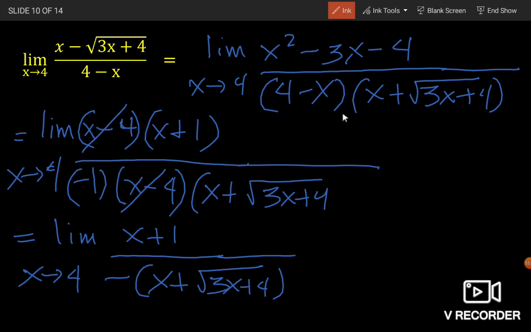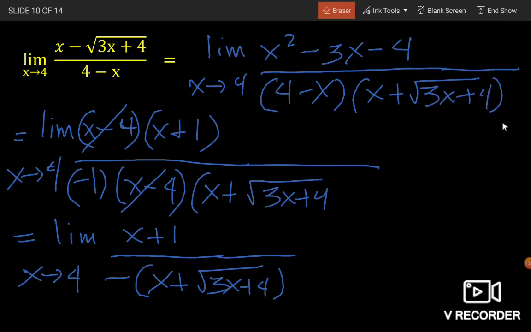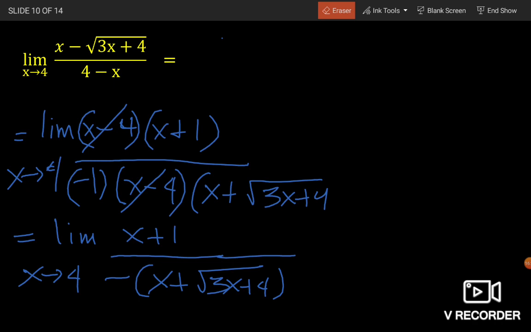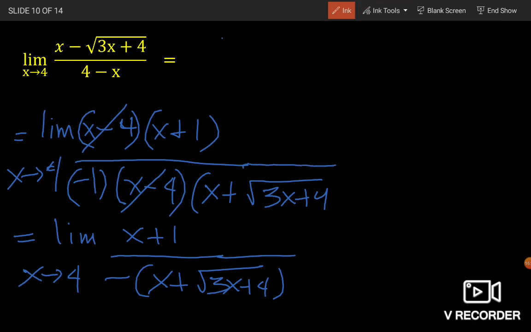Now, let me just clean this up to have some space. Let's put a divider here.